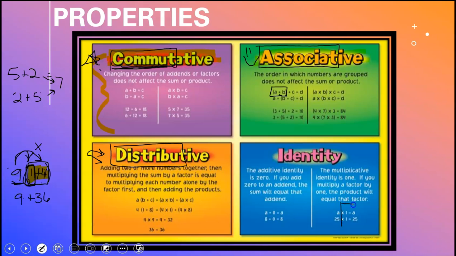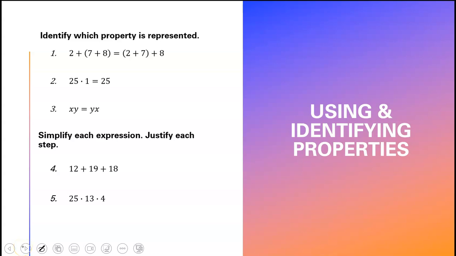So again, seems weird. Why would we ever want to do that? It comes in handy when we're doing higher leveled algebra problems.